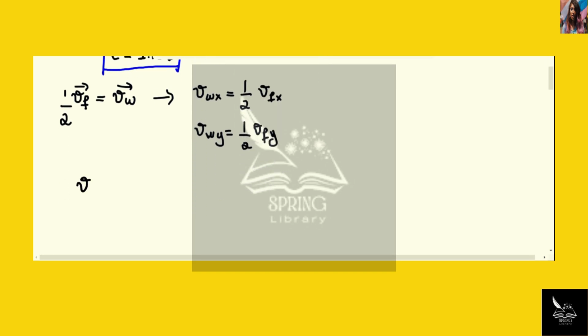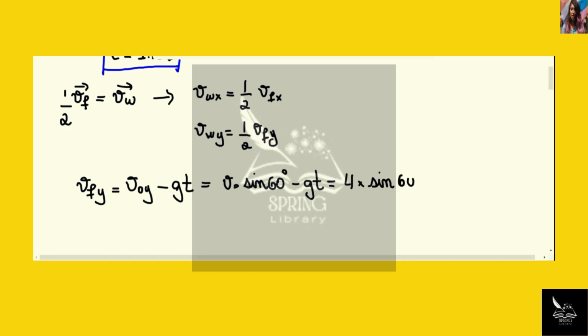Okay, so now I can calculate Vfy, and this is V0y minus gt. V0y is V0 times the sine of 60 minus gt, and this is 4 times the sine of 60 minus 9.8 times the time we calculated, 1.15.